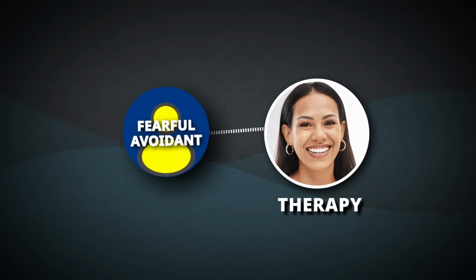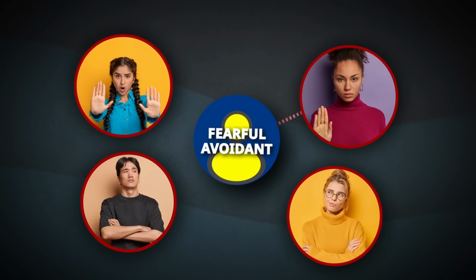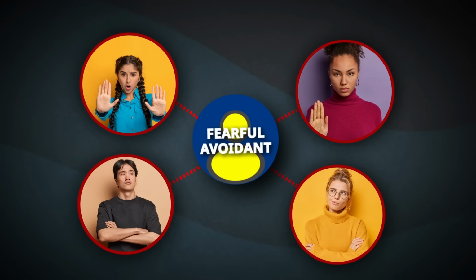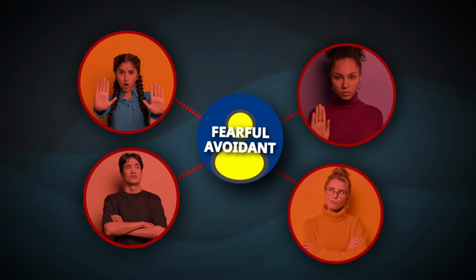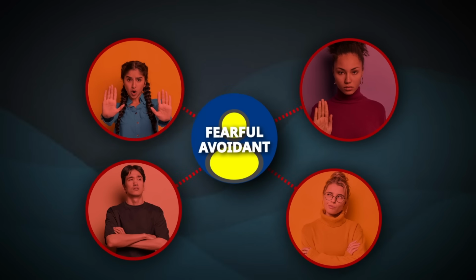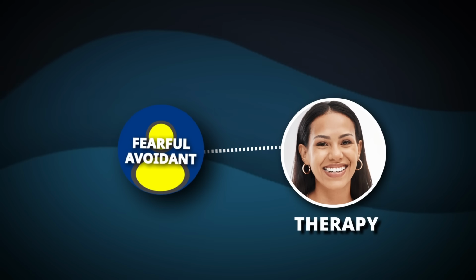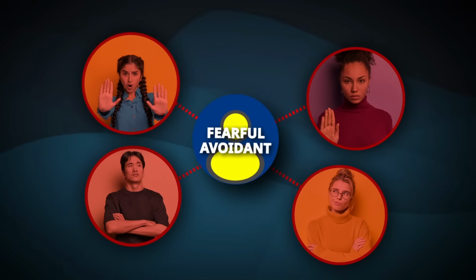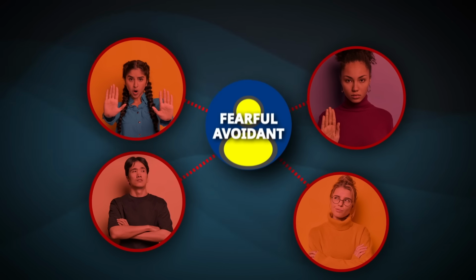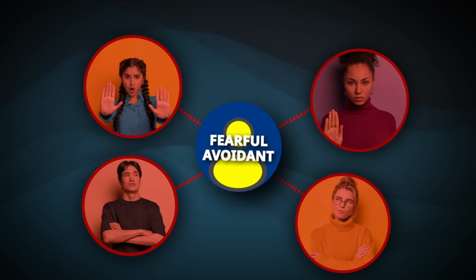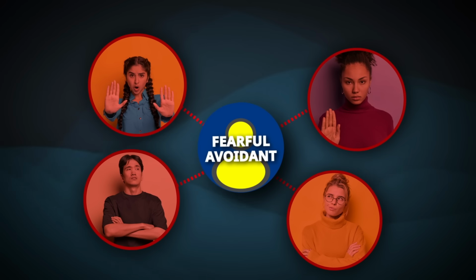Of course, it's a whole week or two before another therapy session is in the book, so the fearful avoidant goes back to their normal life, surrounded by all these anxious or avoidant individuals who just make those calm waters choppy once more. What unfolds is this endless cycle where they get the therapy, the emotional stability they are craving, and then they go back to their daily life and the people or relationships they've surrounded themselves with undo all the work. I don't think this helps a fearful avoidant. If anything, it keeps them stagnant and stuck.